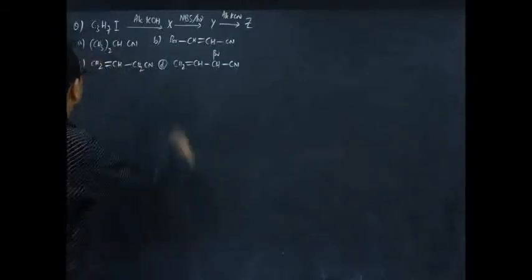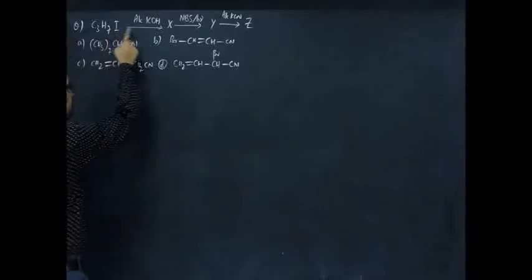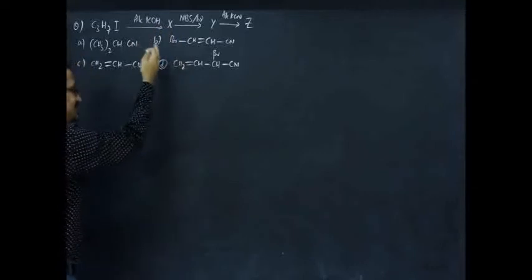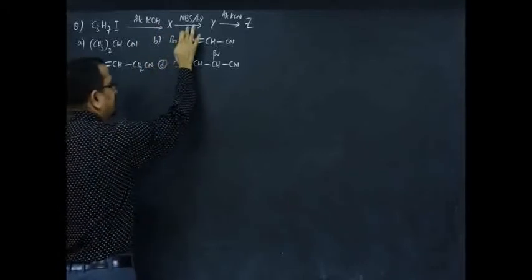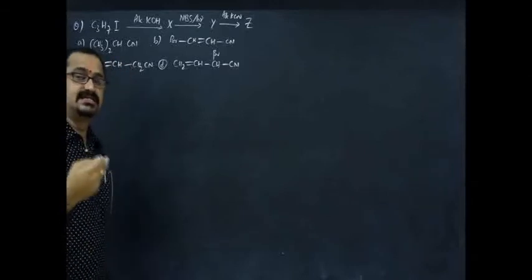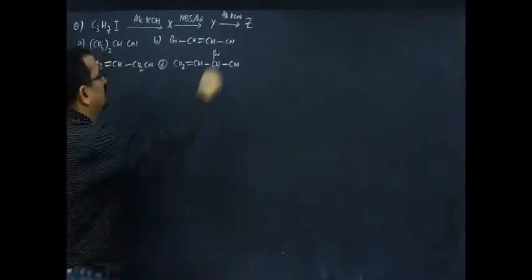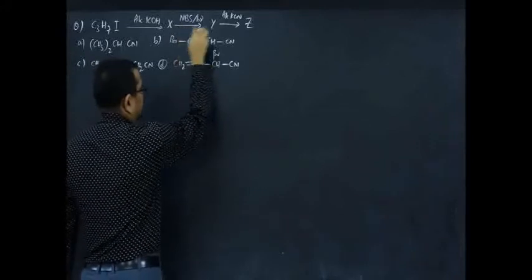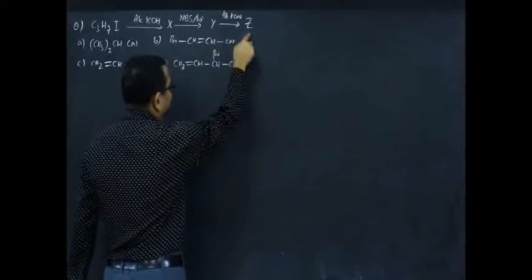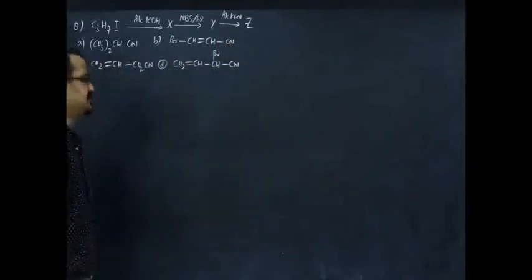Another question. When C3H7I is treated with alcoholic KOH, it gives some compound X, which on further reaction with N-bromosuccinimide, you have to recall, N-bromosuccinimide is for allylic halogenation, on allylic bromination gives Y. Y on reaction with alcoholic KCN gives Z. That is another substitution.